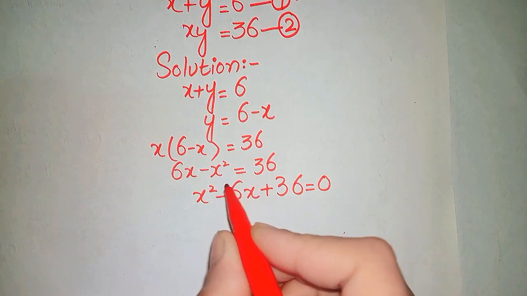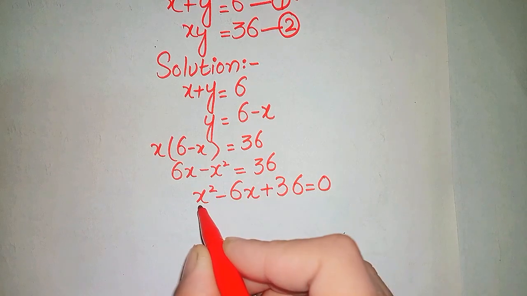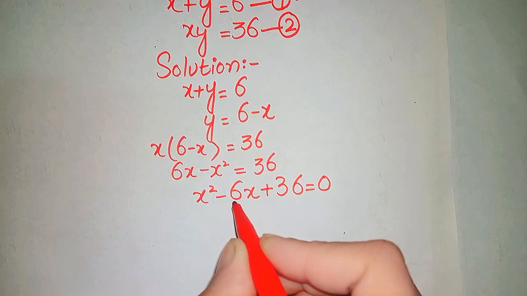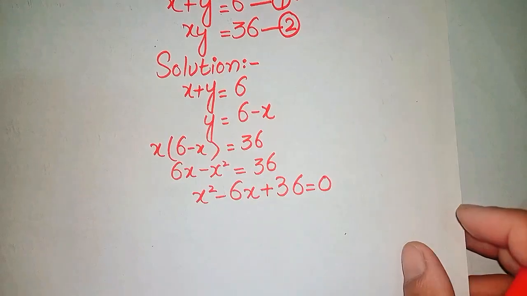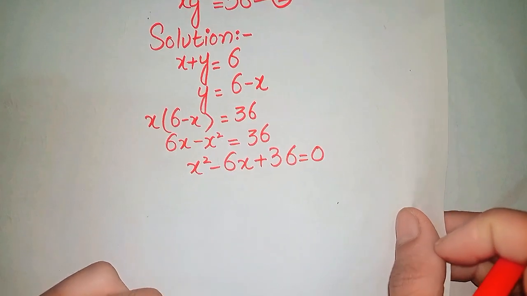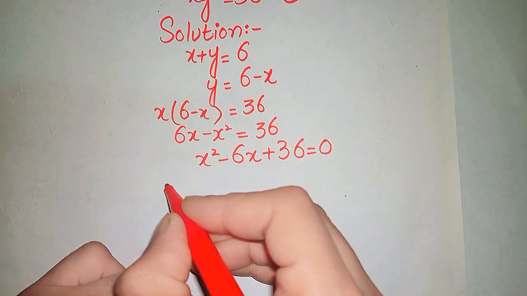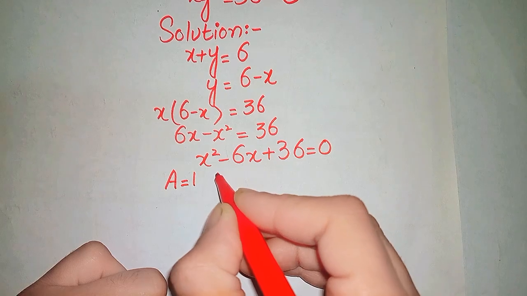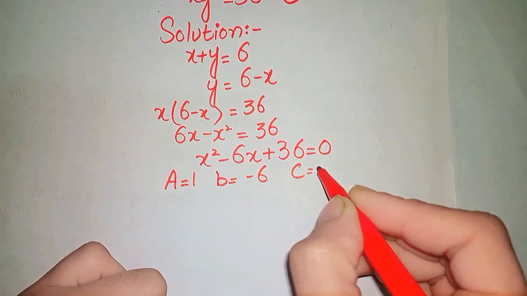We take this negative x square to the other side and it becomes positive x square, and this positive 6x becomes negative 6x. Now we have to apply the quadratic formula here to solve this equation, where a equals 1, b equals minus 6 and c equals 36.